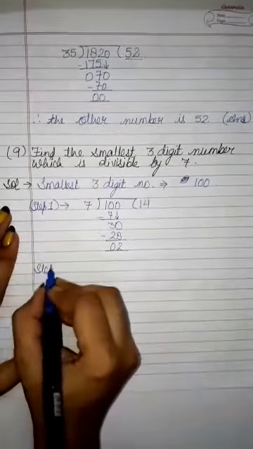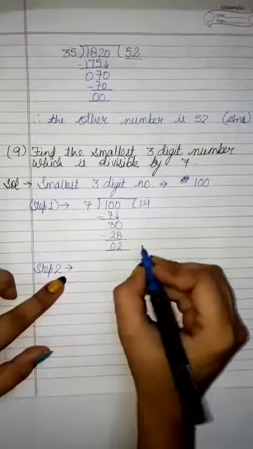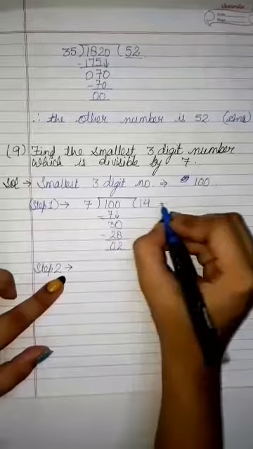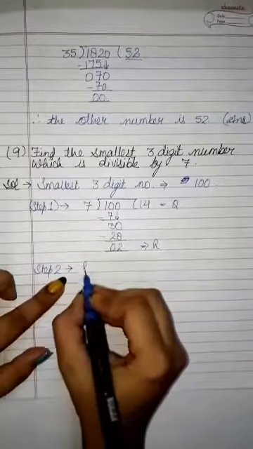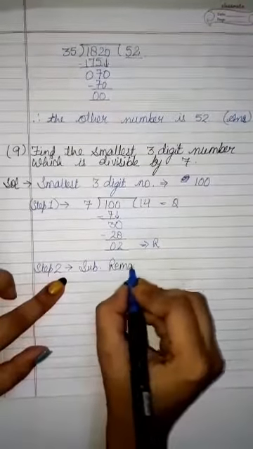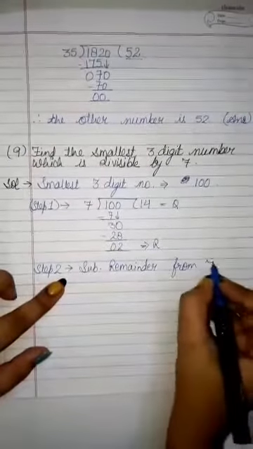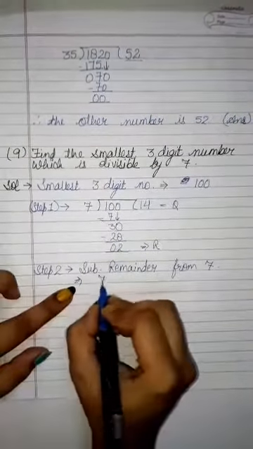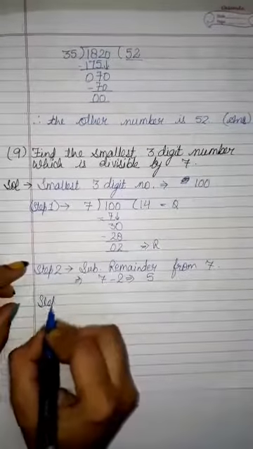What is step 2? You have to subtract, this is remainder and this is quotient. Subtract the remainder from 7. You will get 5.